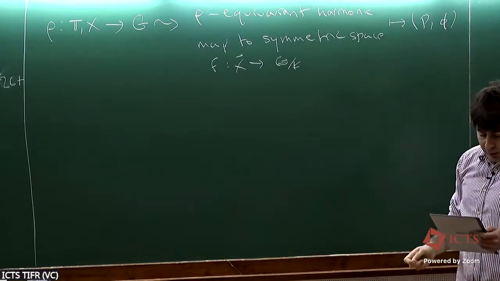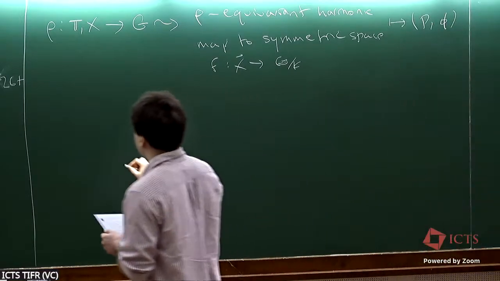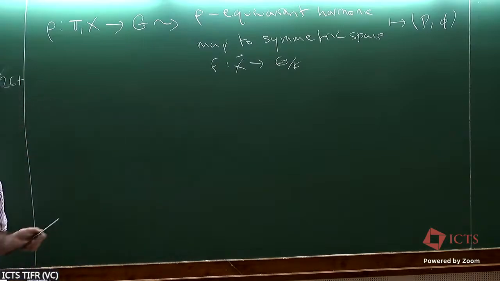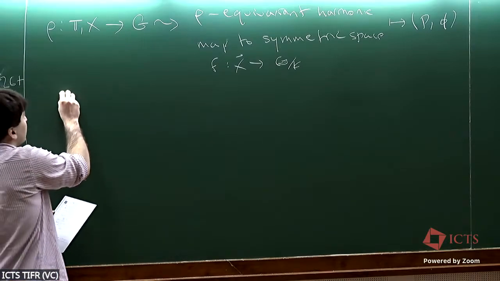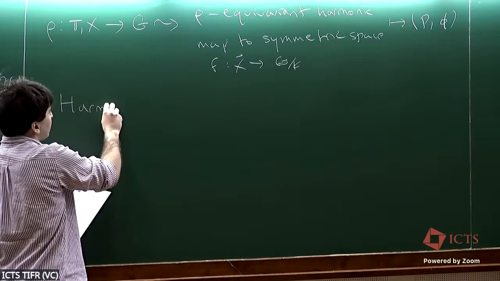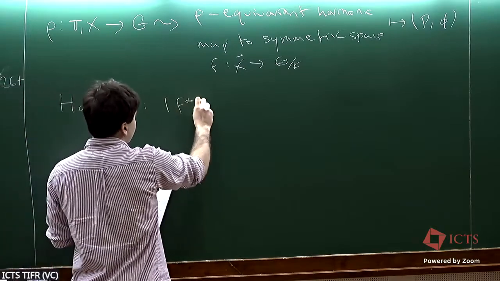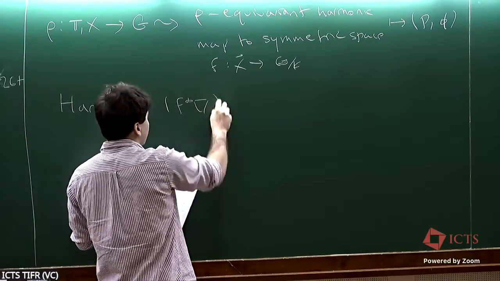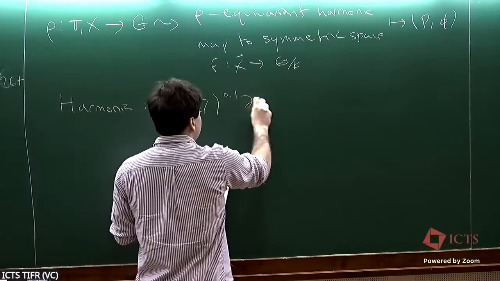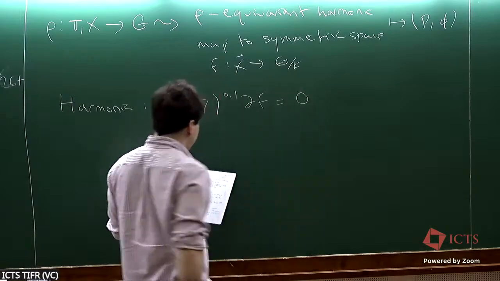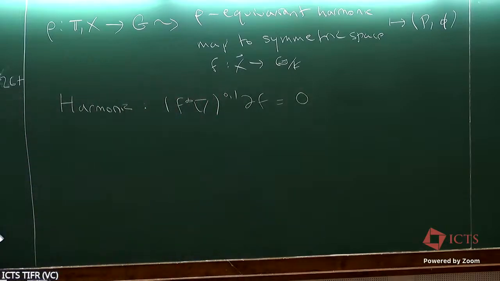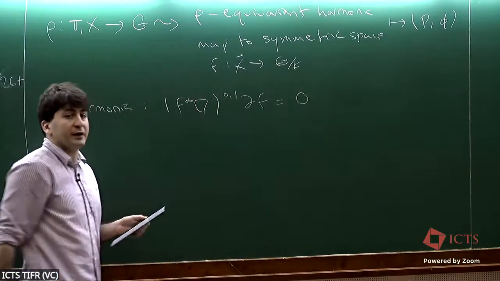So just for those that aren't maybe familiar, there's a number of equivalent definitions of harmonic. But the definition that's probably most suited to this topic is as follows. It's a solution to this second order semilinear PDE. So you consider the 1,0 part of the derivative of F, and then you apply the 0,1 part of the pullback Levi-Civita connection.